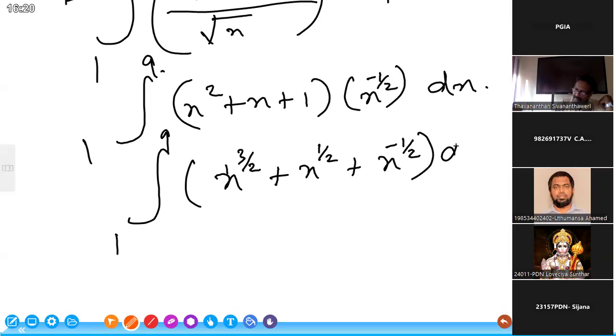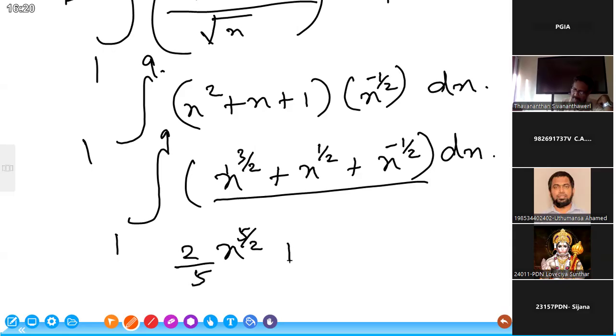Now you integrate that function, similar to the earlier one. It becomes x to the power 5 by 2 into 2 by 5, plus x to the power 3 by 2 into 2 by 3, plus x to the power half into 2.